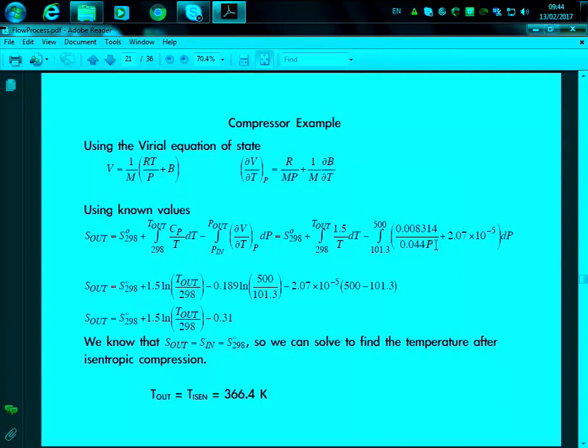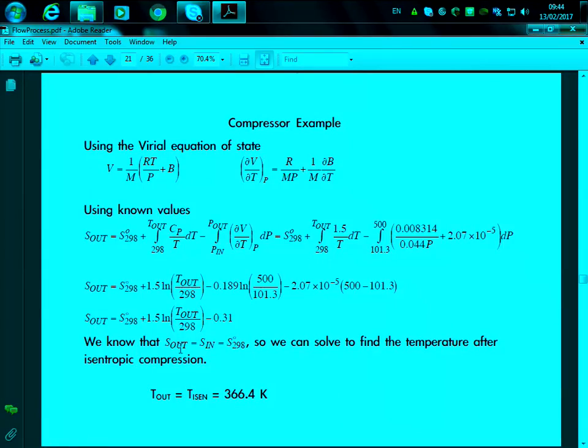So here we have the integrals solved already. We are substituting this part of the equation, 1.5 natural logarithm of T out over 298, which is the temperature at the inlet. And then here we have the pressure changes. Okay? In this case, we know that the entropy at the outlet will be equal to the entropy at the inlet because of our assumption at the beginning.